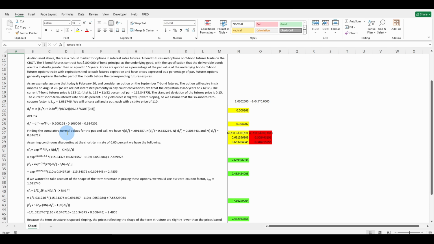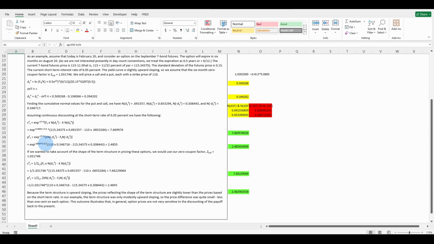We have N(d1) equal to 0.691557, and N(d2) equal to 0.653294, and N(-d1) equals 0.3048 and N(-d2) equals 0.34716. Do you understand what we're doing here? We're having calls and puts and puts and calls.